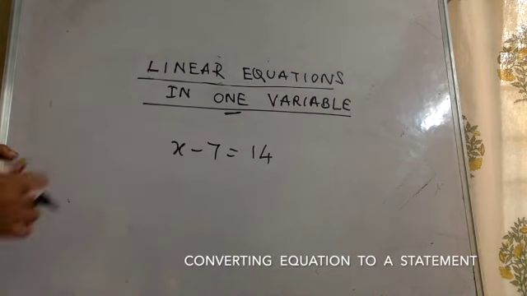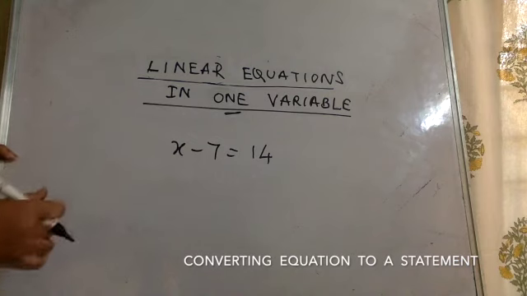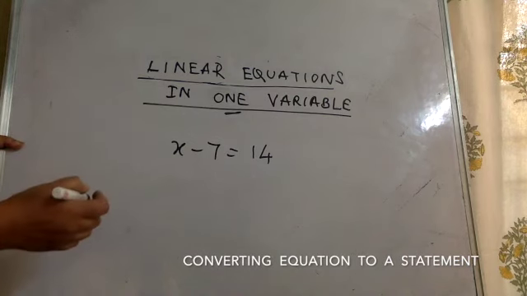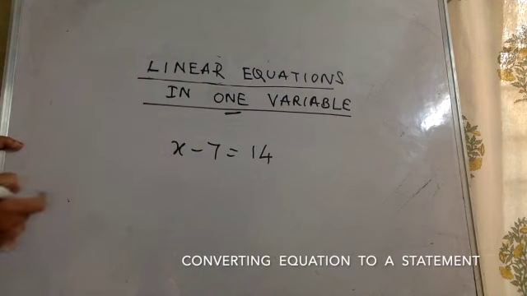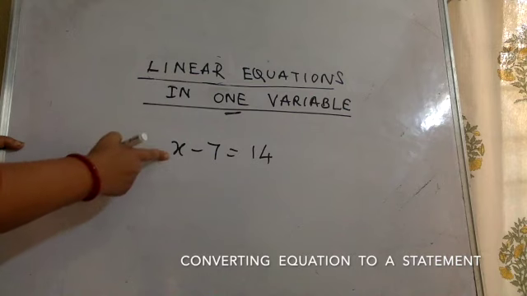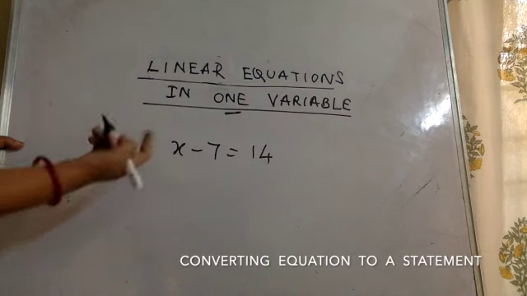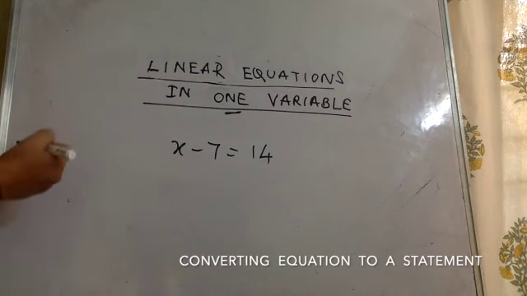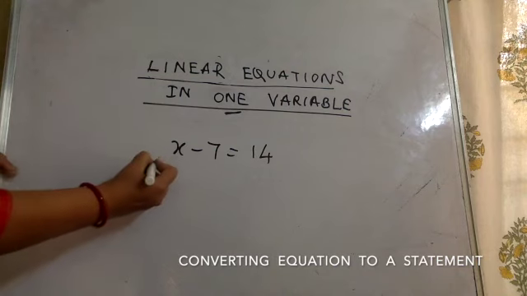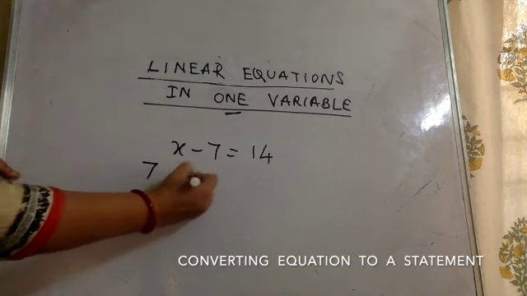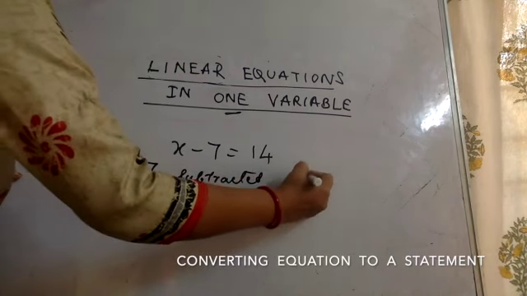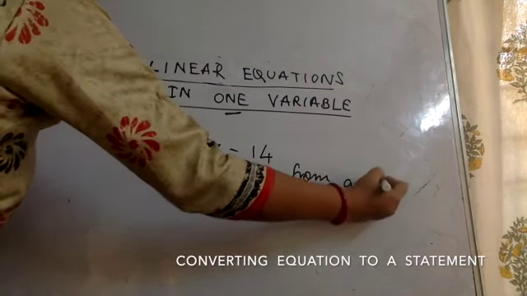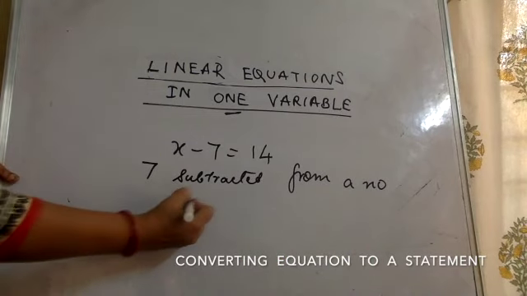So for this equation to statement, first, this is our a number. We can write it as 7 subtracted from a number is 14.